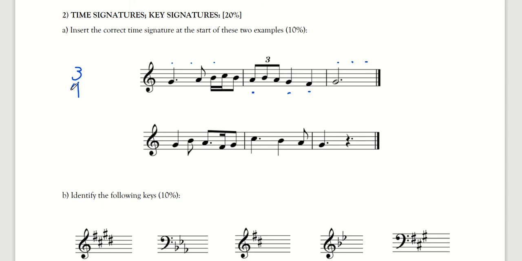although just to check, because 3-4 is quite similar to 6-8, but they are slightly different and it's easy to work out. So 3-4 will be 3 crotchets, and there'll be a division between each one, whereas 6-8 will be 6 quavers, and the division comes in the middle of them.